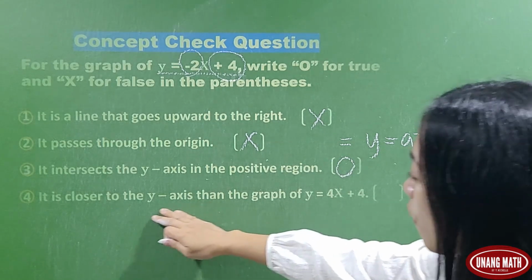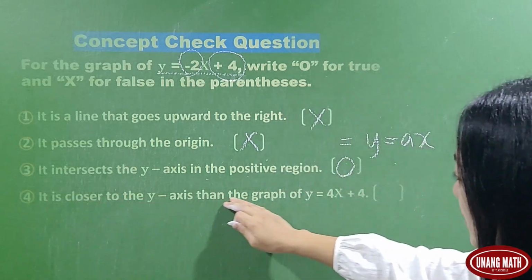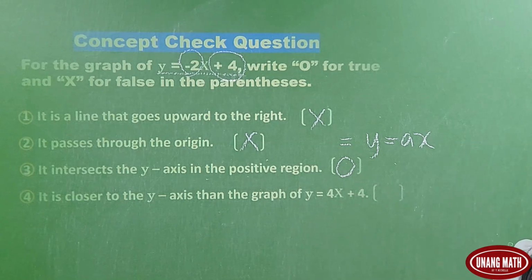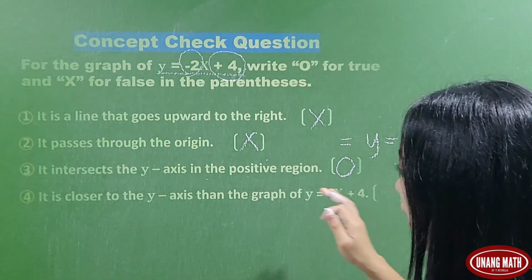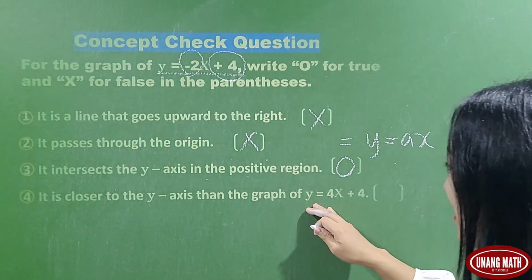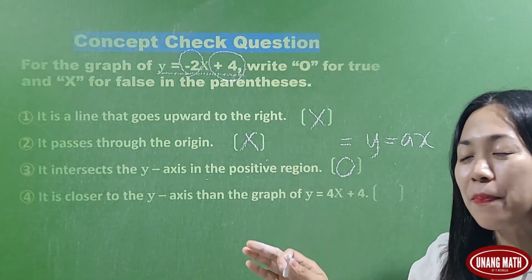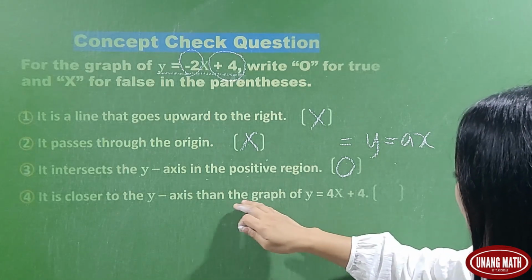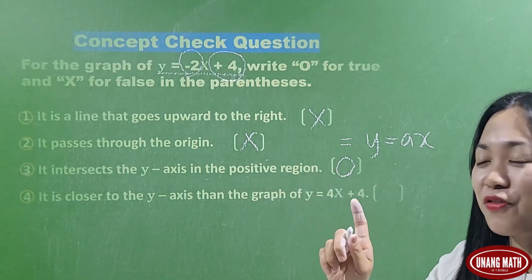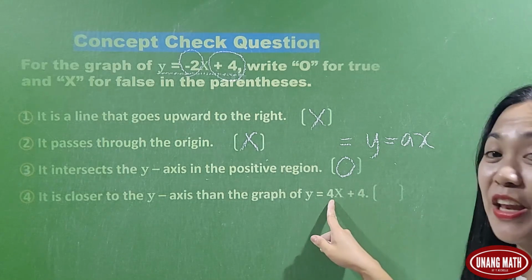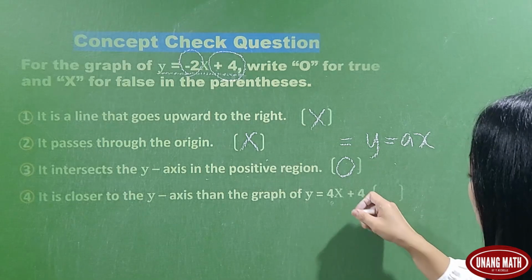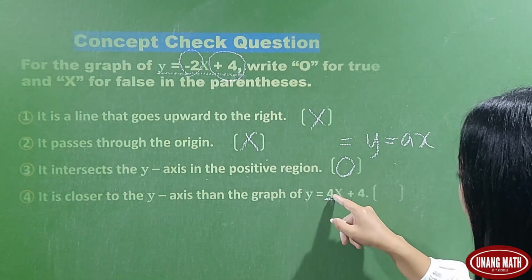And for number 4, it is closer to the y-axis than the graph of y is equal to 4x plus 4. To know whether the graph is closer to the y-axis or steeper, we have to check the absolute value of the value of a. So, y is equal to 4x plus 4. Absolute value of 4 is 4.